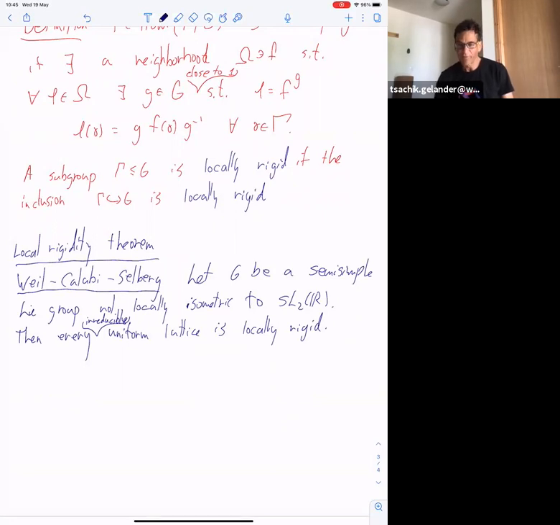So that was the first result from the 60s. Weil's theorem is from 1962. Selberg proved it for SL_n in 1960.